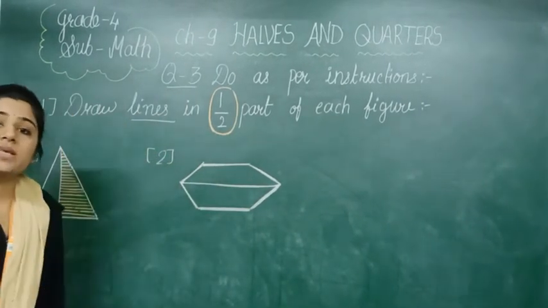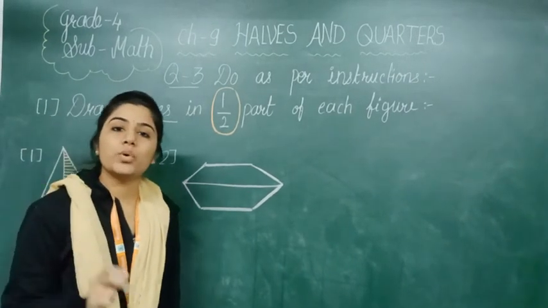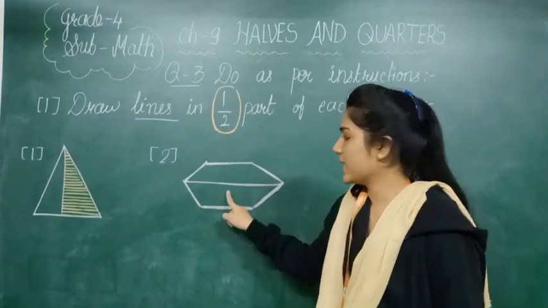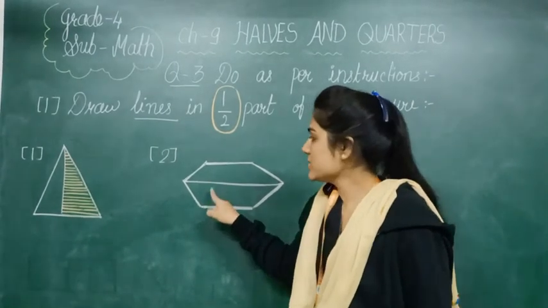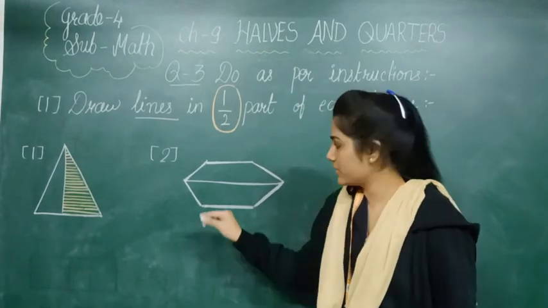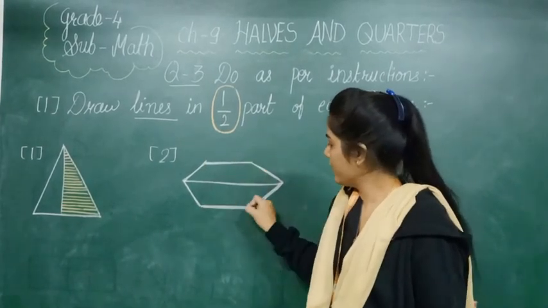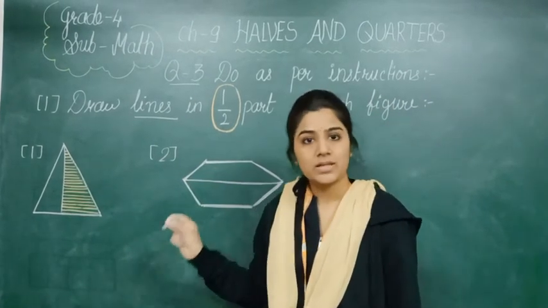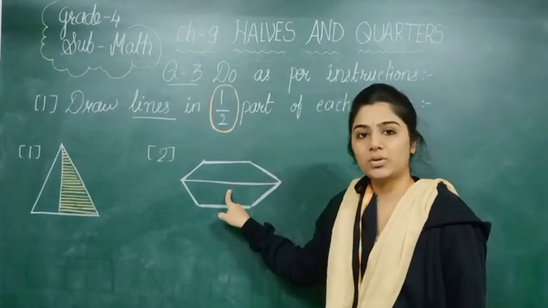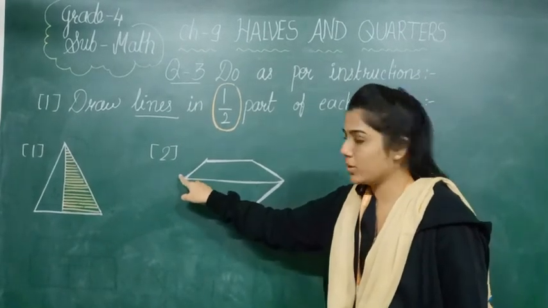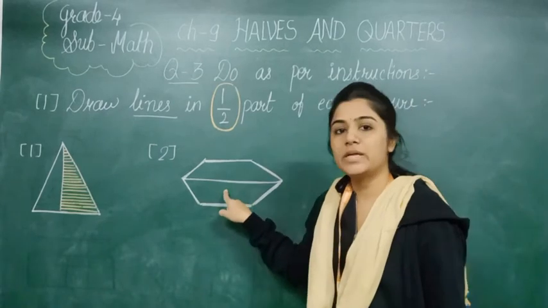See, this is called hexagon. Whenever you will go in higher grade, this kind of shapes will come. This is called hexagon. Why hexagon? Because total 6 sides are there as well as 6 corners are there. 1, 2, 3, 4, 5 and 6, as well as sides are also 6. That is called hexagon. And here one whole part which is hexagon and 2 parts are already given.